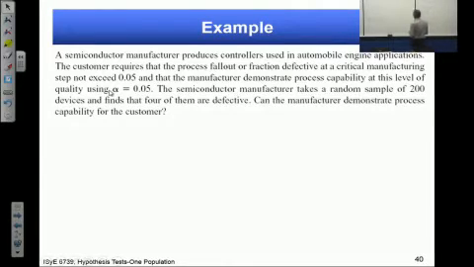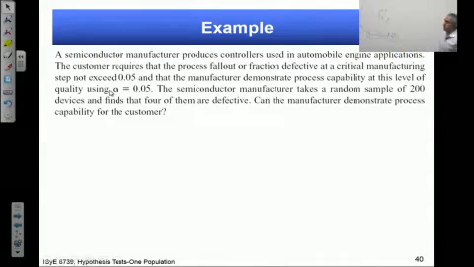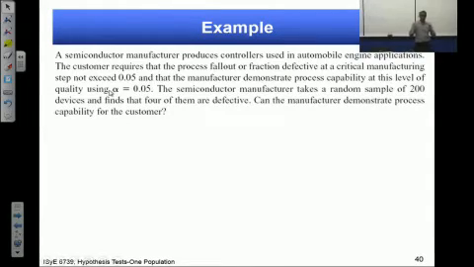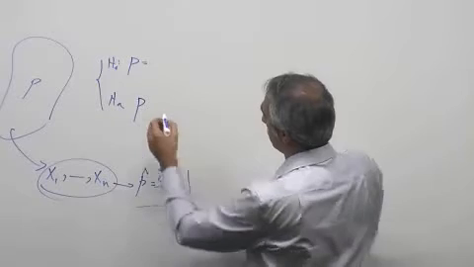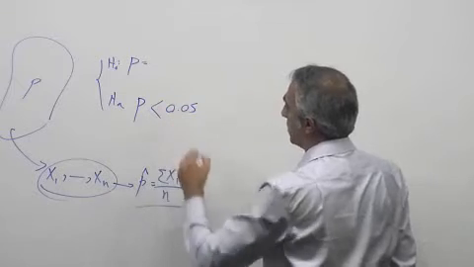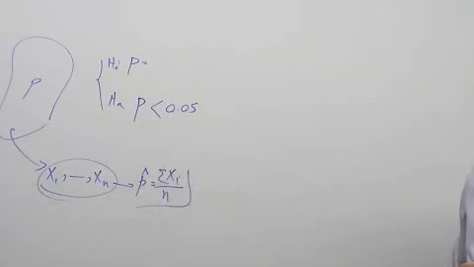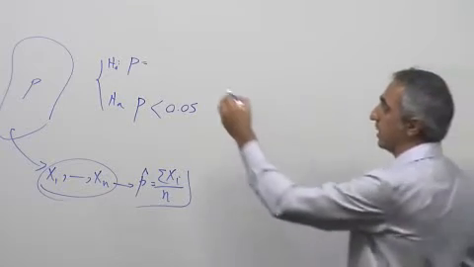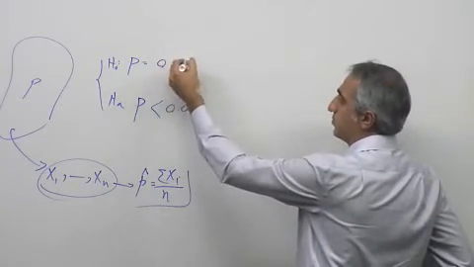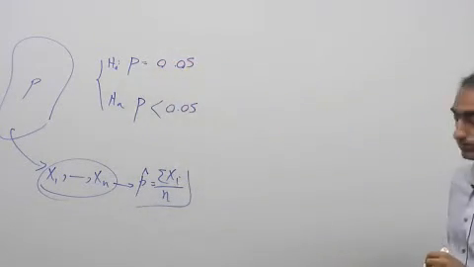So basically what it says, if your process fraction nonconforming is less than 0.05, then your process is capable. And you want to show the customer that your process is capable. Therefore, you want to see if your process fraction nonconforming is less than 0.05, and your null hypothesis is equal.